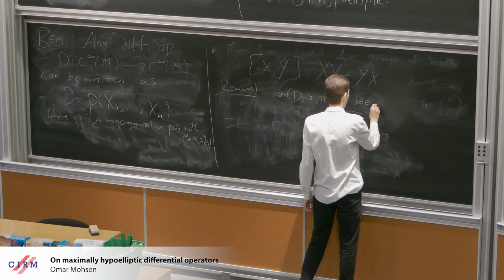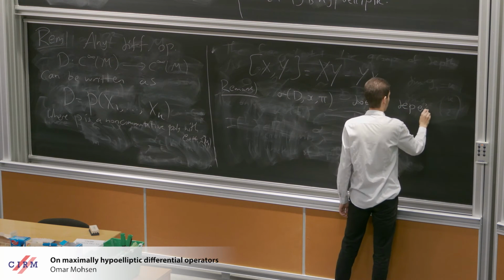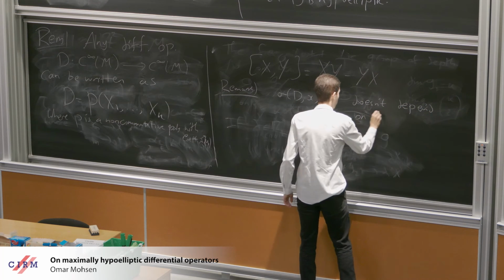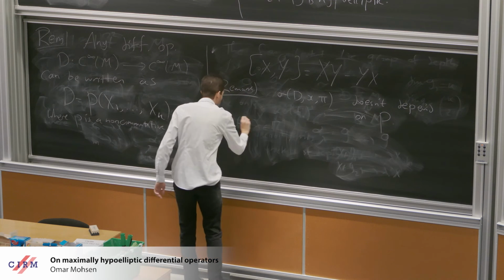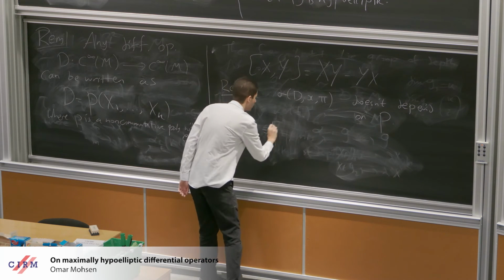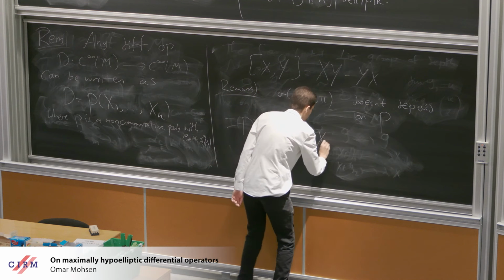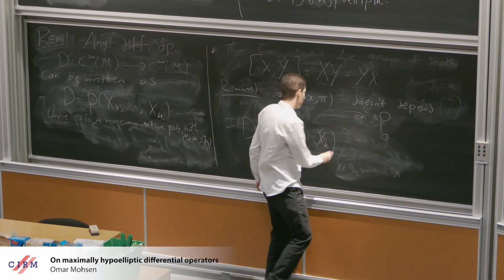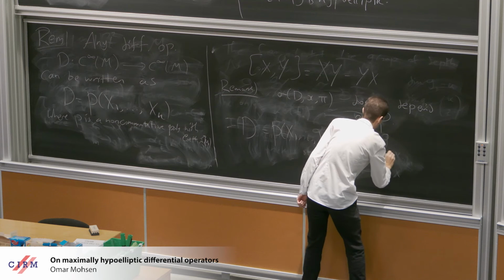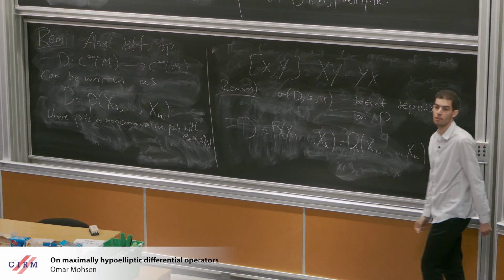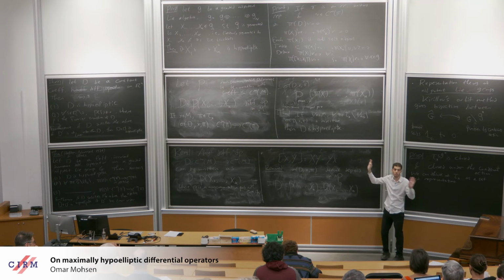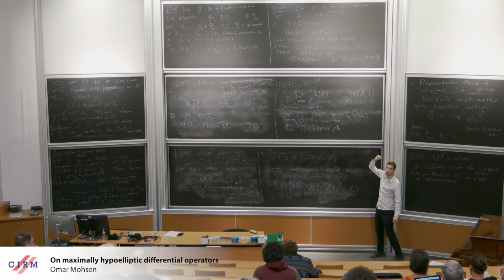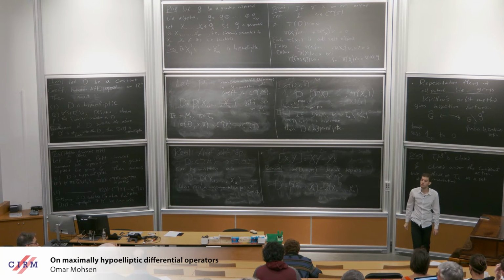It doesn't depend on P, in the sense that if my differential operator, I wrote it as a polynomial of the vector fields, and I wrote it as another polynomial in the vector fields, for two different polynomials, then this computation, this is not at all obvious, if pi is in this set.